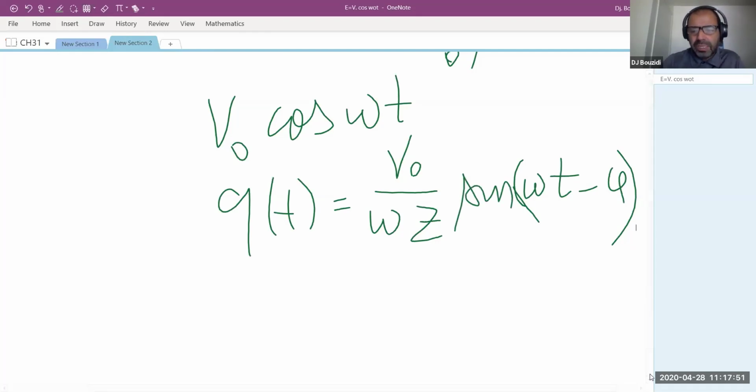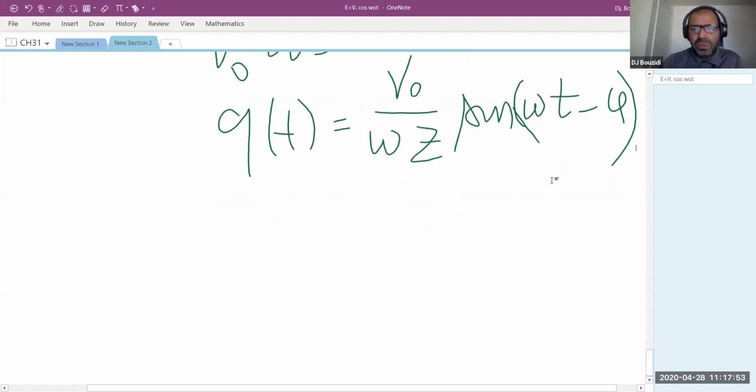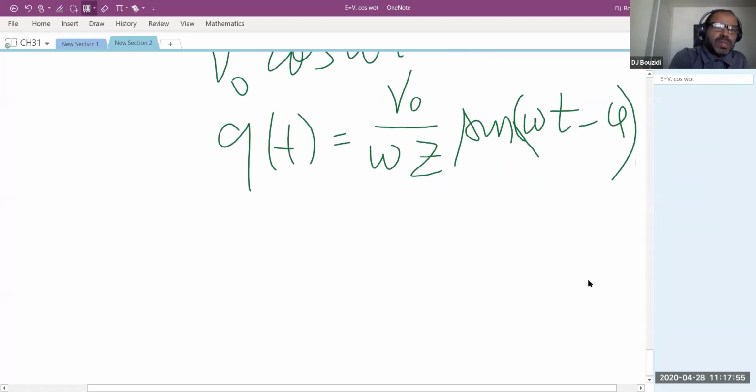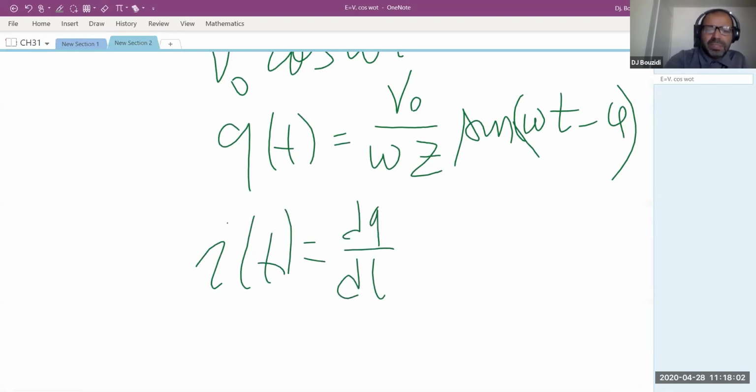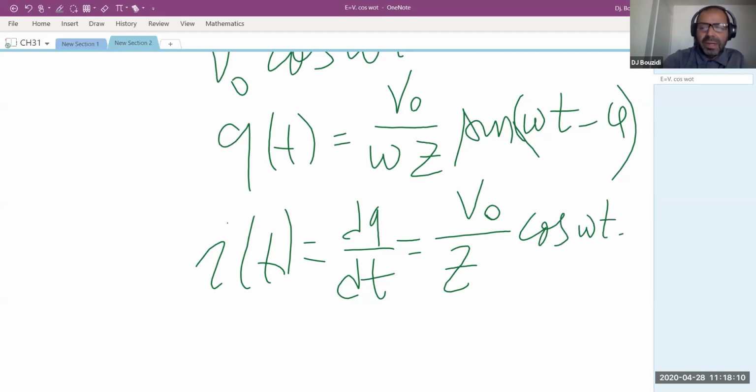Okay, it's the current that actually has a cosine. All you have to do is take the derivative of this expression with respect to time to find the current, I sub t, which is just the dq over dt of this expression, and that cancels the omega, and you'll be left with V naught over Z times the cosine of omega t minus phi. Okay?